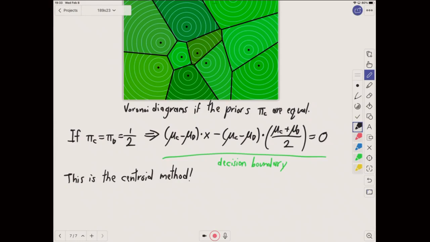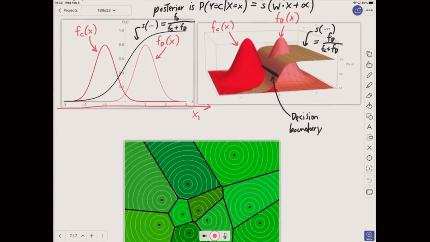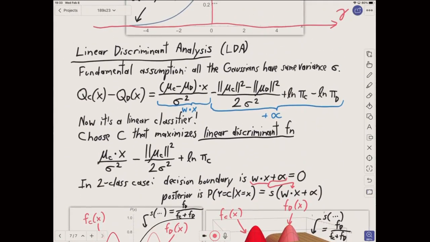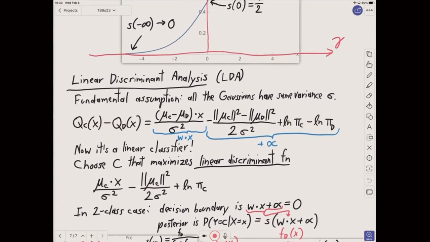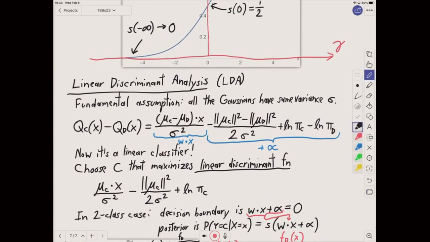So yeah, the posterior has to factor in pi c and pi d. In particular, this is where pi c and pi d get factored into the decision function, and then the posterior is just s, the logistic function, applied to that decision function. So that's where the prior probabilities enter the posterior.